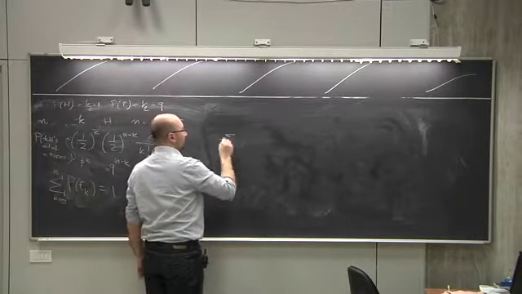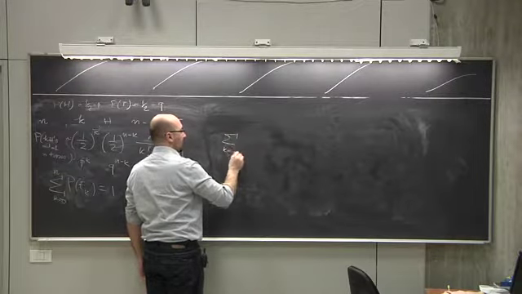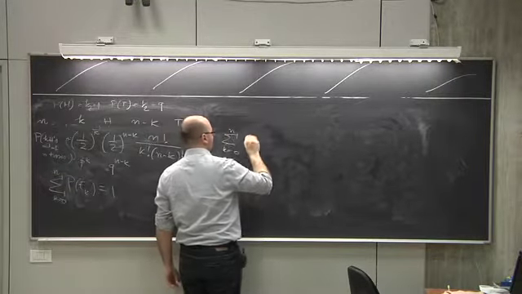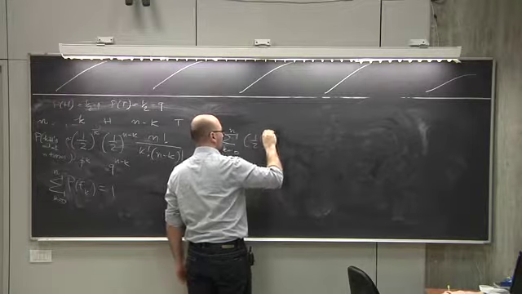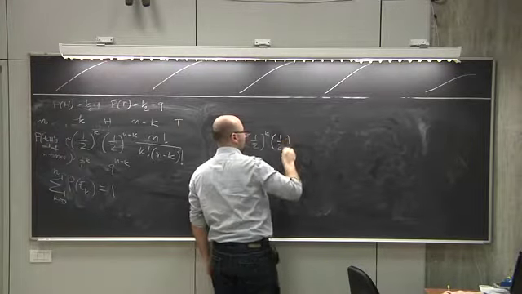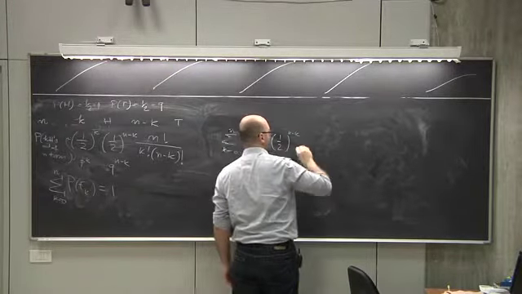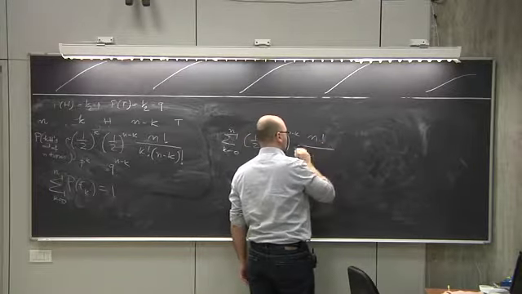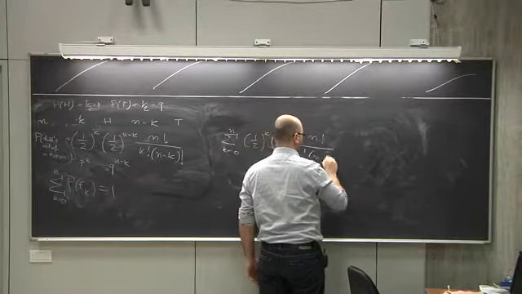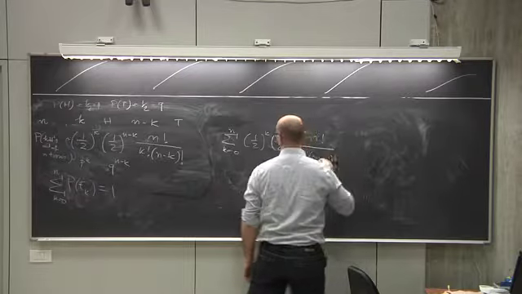Okay, so this means that if I sum for k going from 0 to n, (1/2) to the k, (1/2) to the n minus k, n factorial divided by k factorial times n minus k factorial, I should get 1.